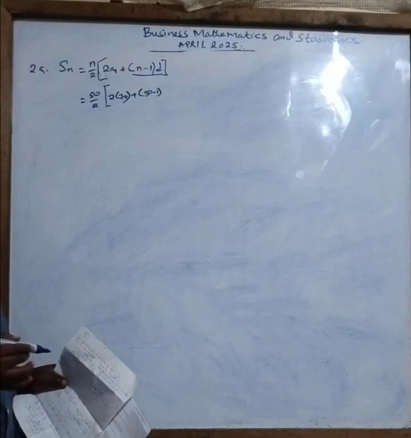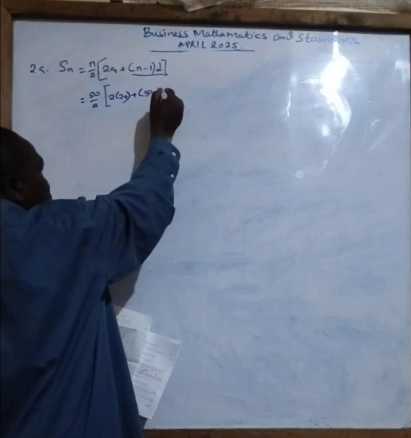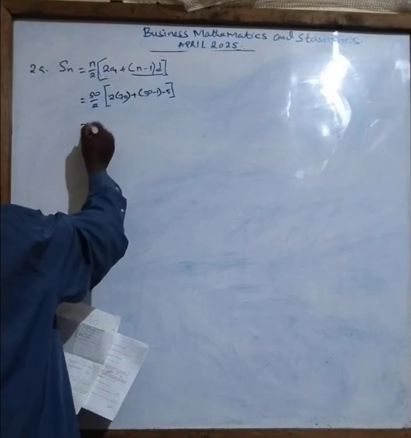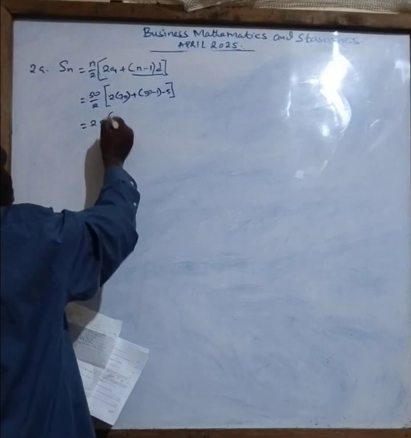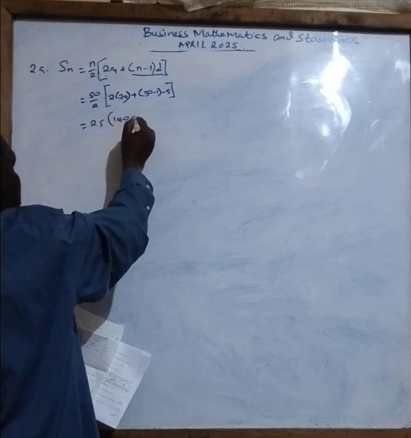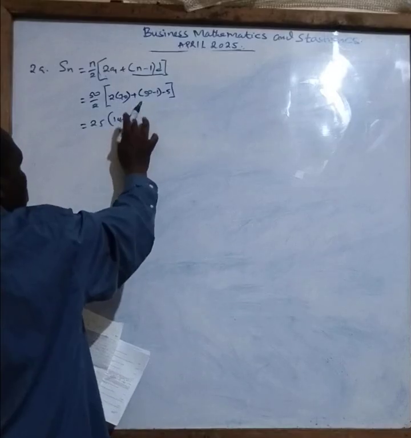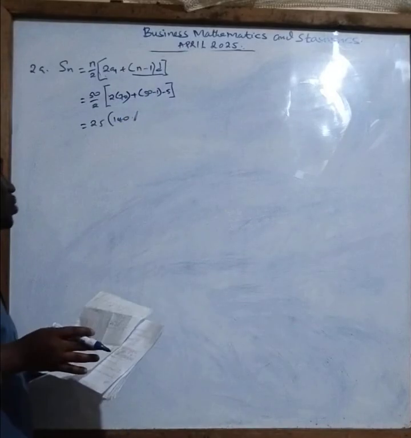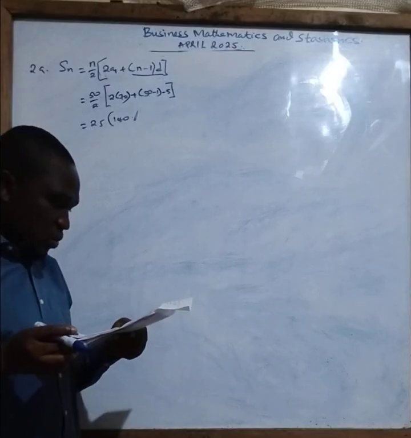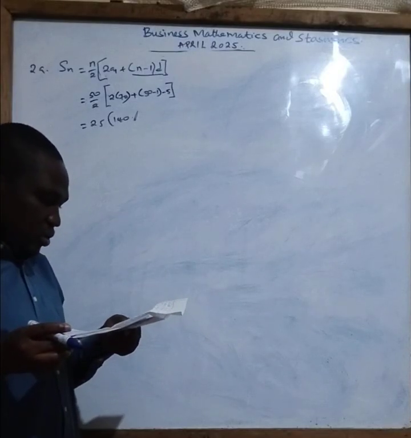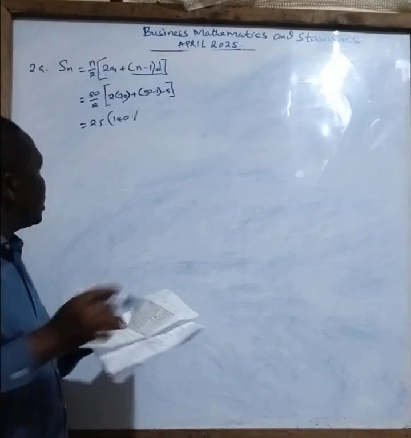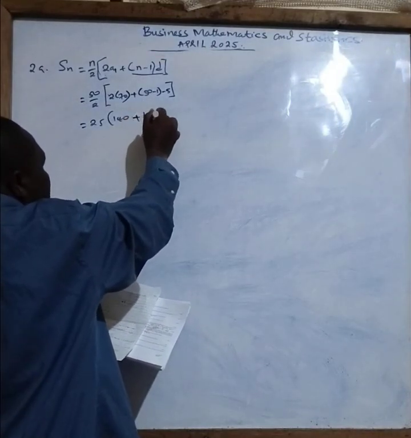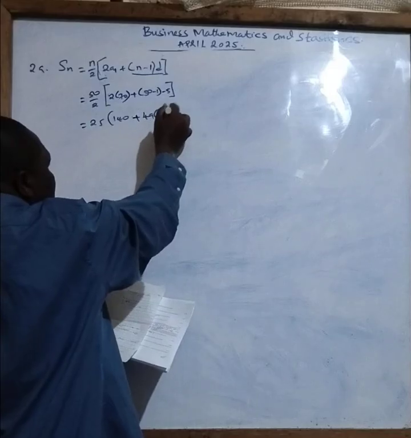We have found d to be negative 5, so you put your negative 5 there. Then you go slowly. This gives you 25 into brackets 140 plus, since it will be minus, it will give you a plus of how much? If you work that out very well, you will get 49. This one will give you 49 into brackets negative 5.